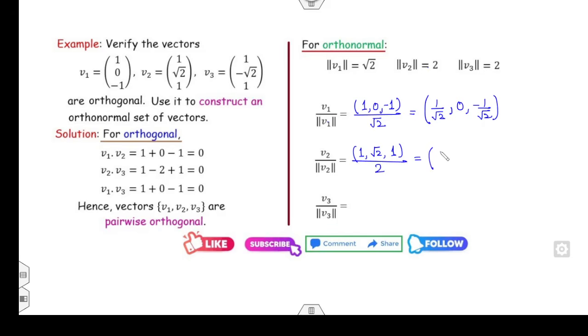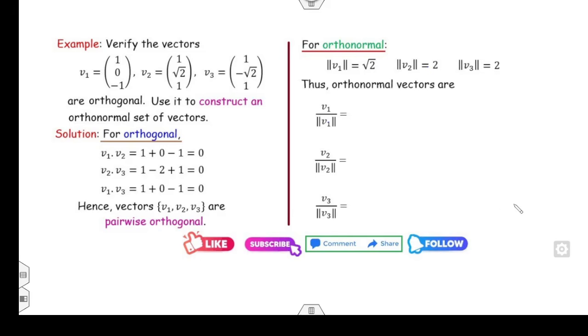So I can write this as half, root 2 over 2, and half. Because this is a column vector, better to write it as a transpose. Similarly, v3 is 1, minus root 2, 1 divided by 2. So this will be 1 over 2, minus root 2 over 2, and half.